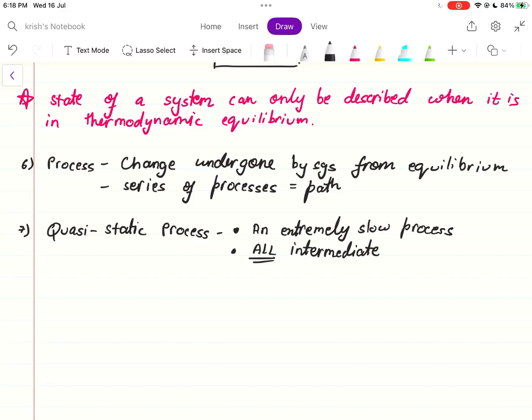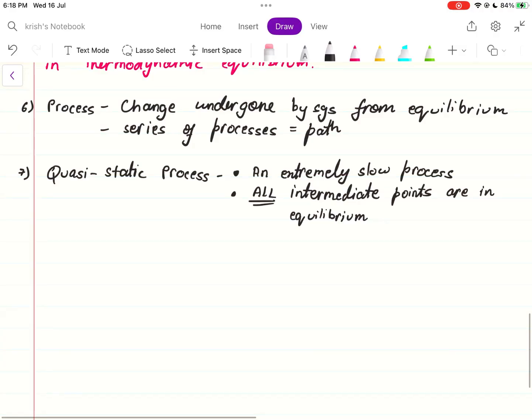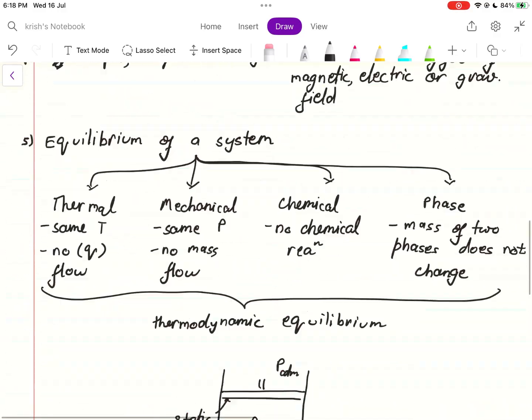So we will mainly be dealing with quasi-static processes because we are able to describe what is going on at system at any point. All intermediate points are in equilibrium. It is important to note that real processes are very fast and they are approximated to quasi-static processes for analysis.